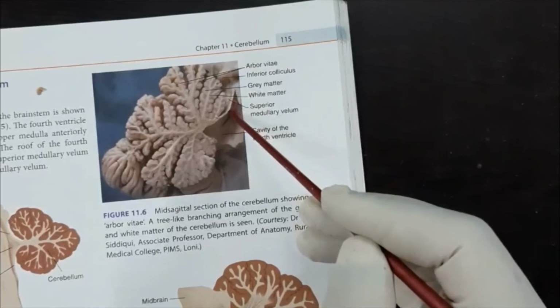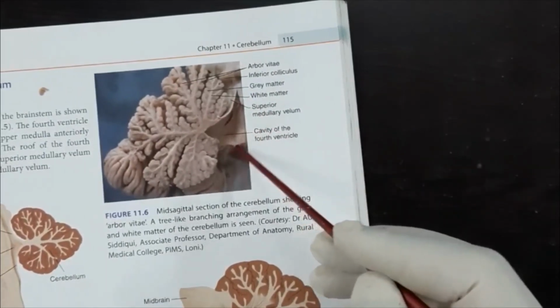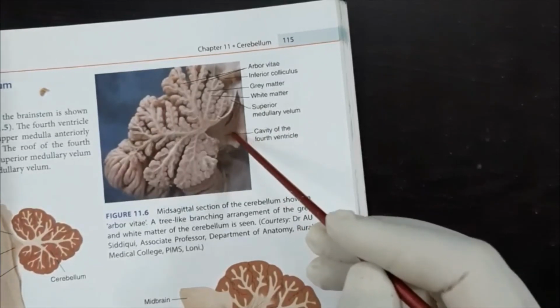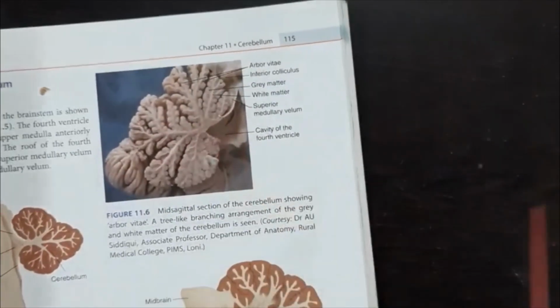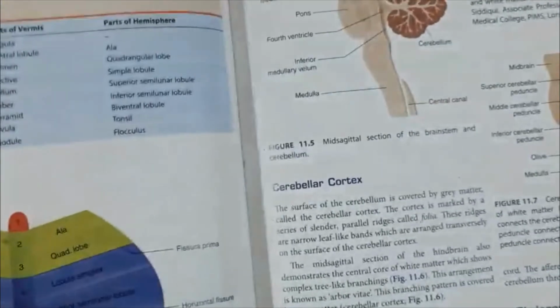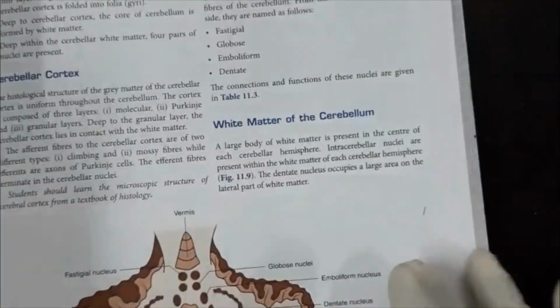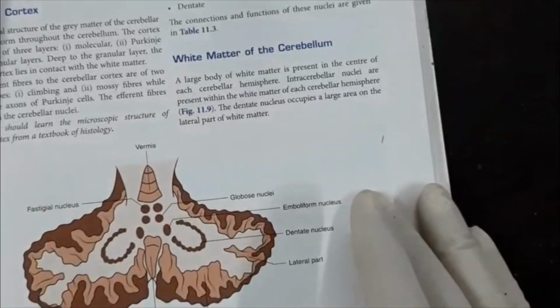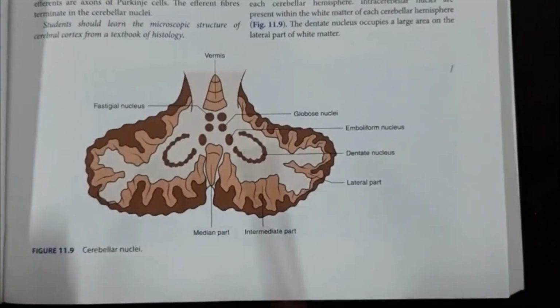The floor of the fourth ventricle is partly seen here, and that arbor vitae arrangement is seen in this diagram. Though the topic of this video is the external features, I am just showing you the inside also and covering the evolutionary classification also, just to complete the cerebellum as such.